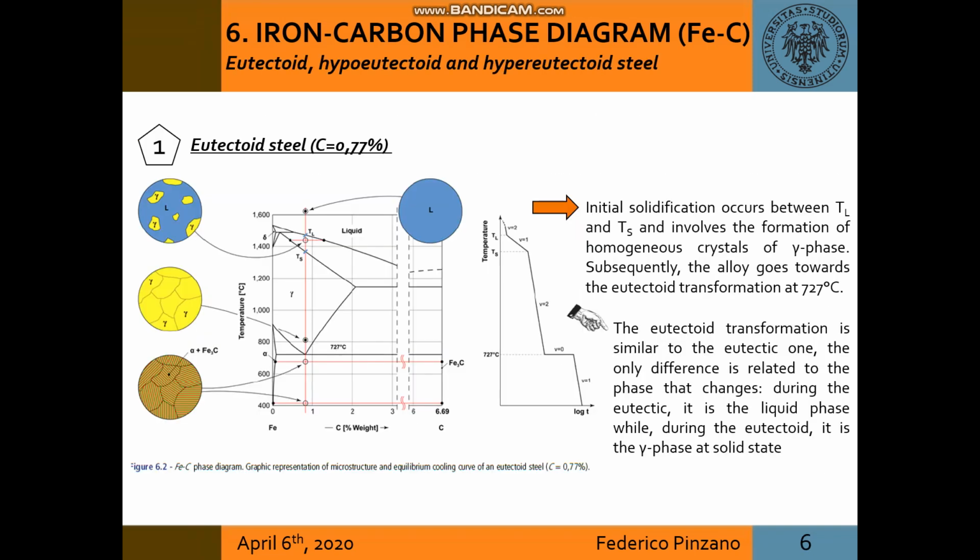We now start with eutectoid steel having a carbon content of 0.77%. Starting from the liquid phase, initial solidification occurs between TL and TS with the formation of homogeneous gamma phase crystals. Subsequently, the alloy undergoes the eutectoid transformation at 727 Celsius degrees here.